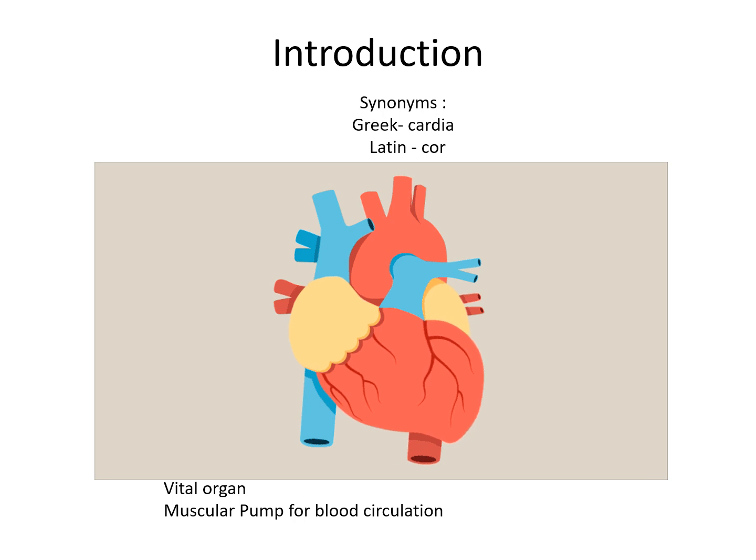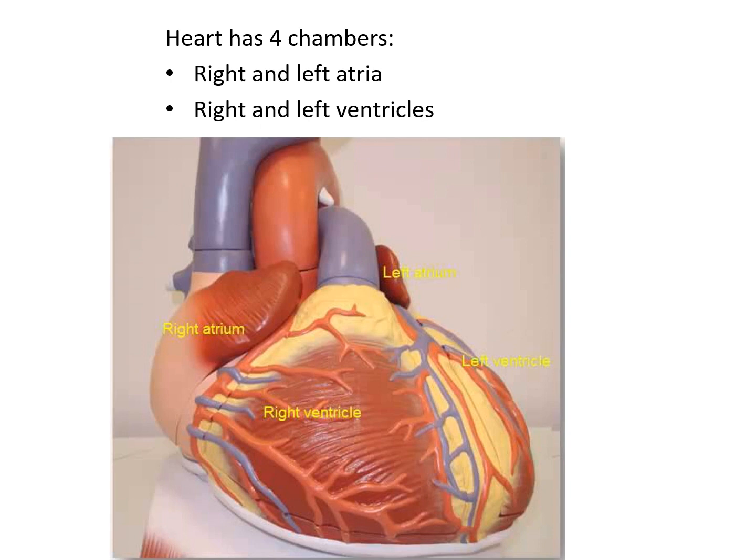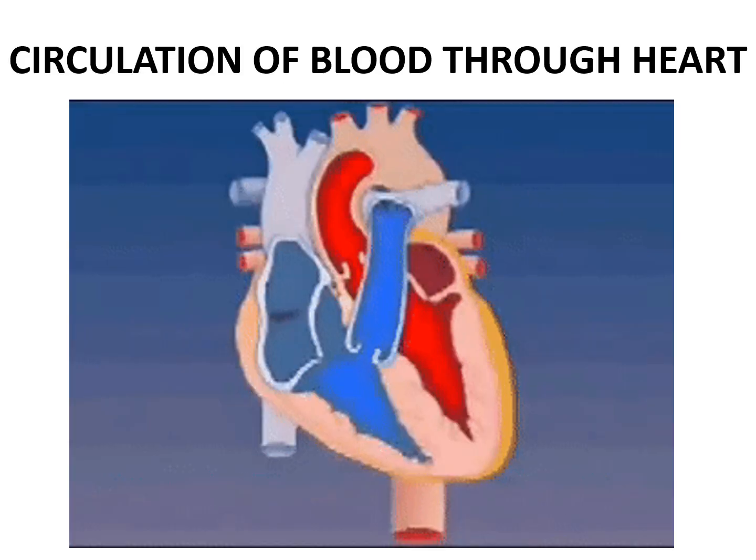heart is a vital organ and it is a muscular pump which pumps the blood to the whole of the body. It has 4 chambers, the right and the left atria, which are slightly posteriorly placed, and right and the left ventricles.